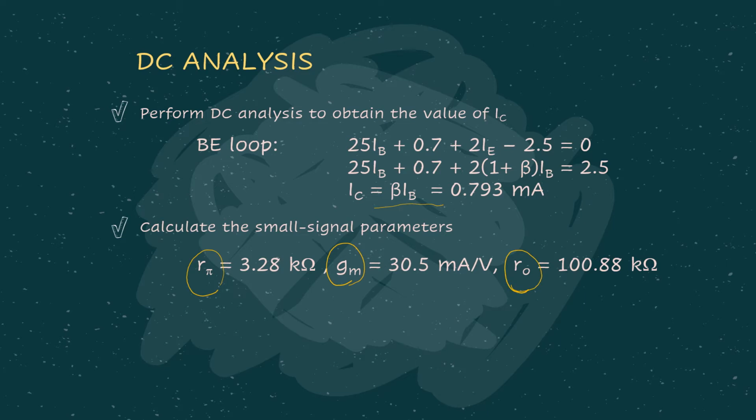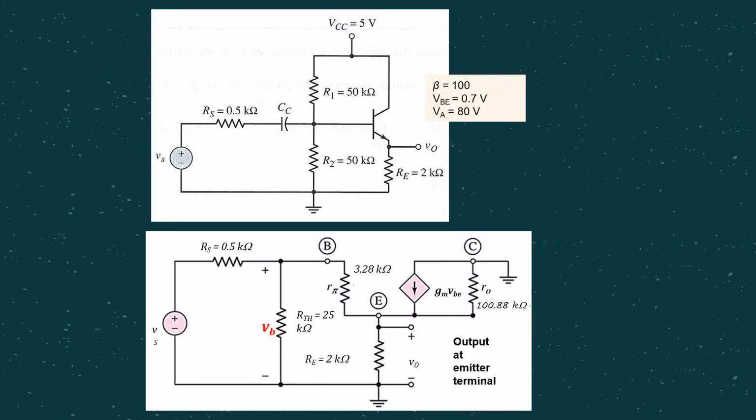The same thing goes for this particular example, where we do KVL to find IC, then later we can find rπ, gm and ro. After we are done with the small signal parameters, we need to redraw the small signal equivalent circuit for us to do the AC analysis.